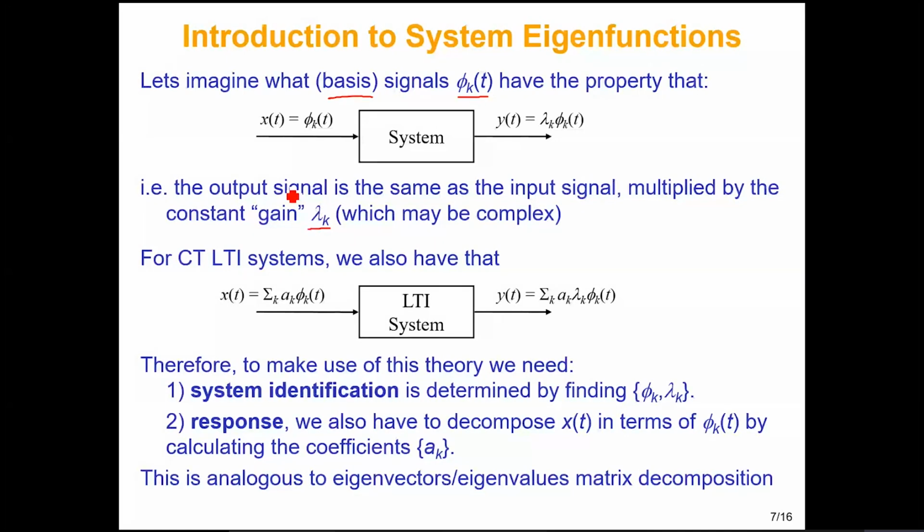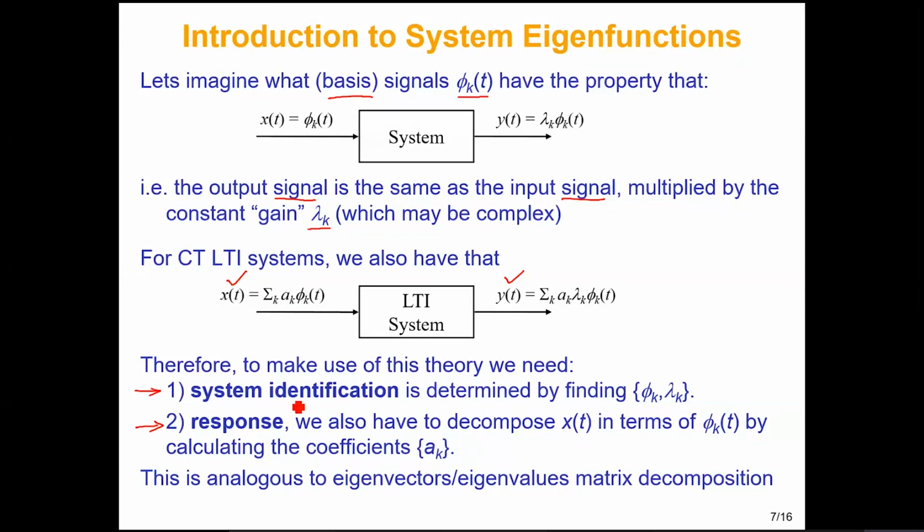Here notice that we are using the term signal instead of function. So if we can represent x of t as a sum of scaled eigenfunctions, the output would be the sum of scaled eigenfunctions multiplied by their eigenvalues. And again, as I mentioned, two things are very important right here in order for us to be able to use this concept of eigenfunction.